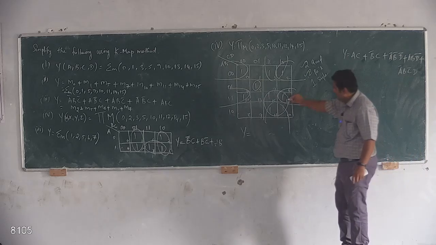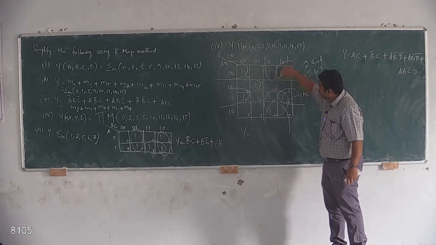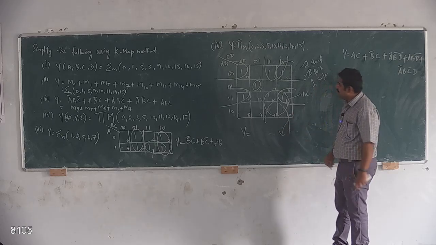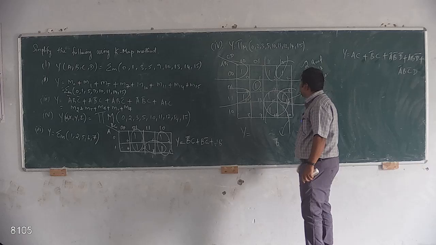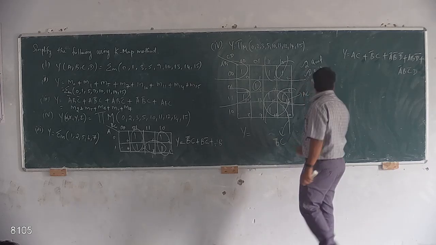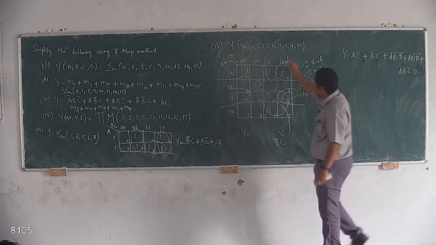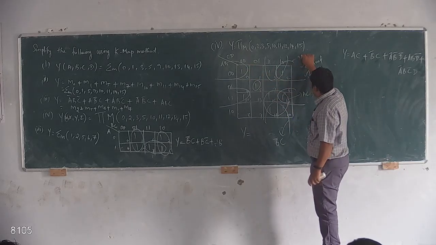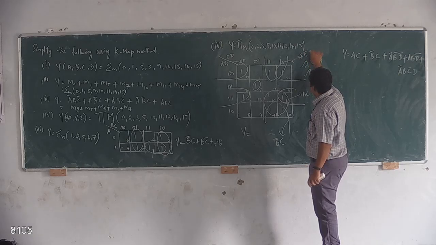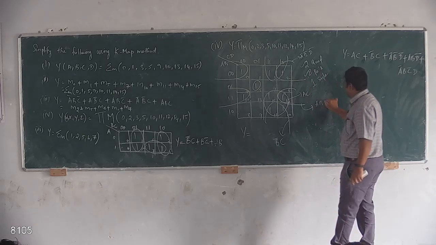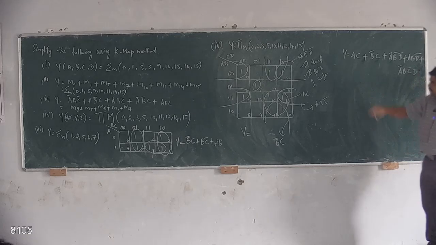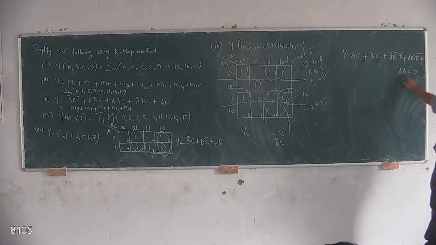So for this, AC, this two terms, answer is B bar C. This pair, A bar, B bar, D bar, and this pair AB, D bar, and that single answer is 0, 1, 0, 1. Single answer. Okay.